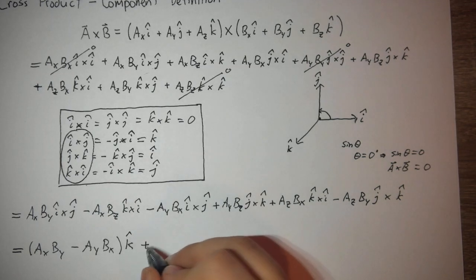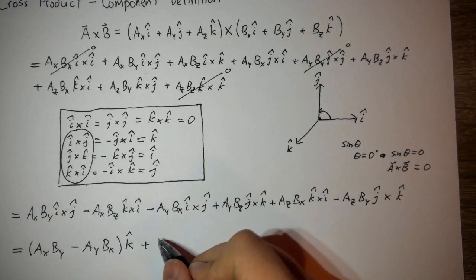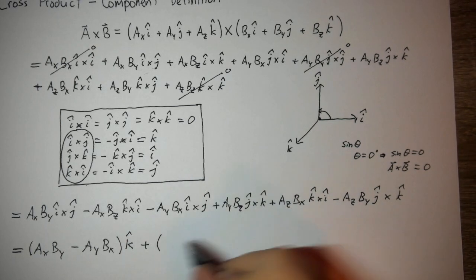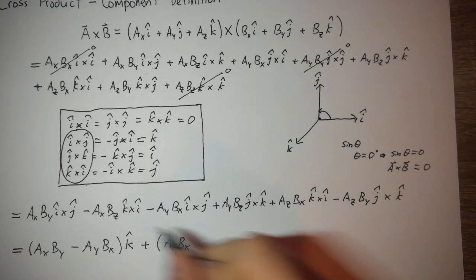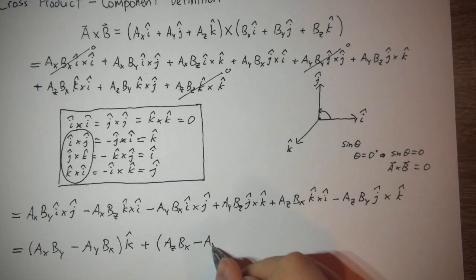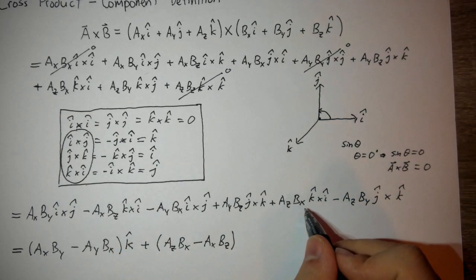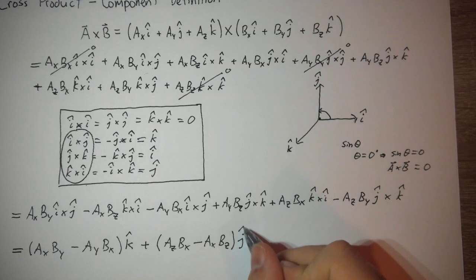Now, let's do the other terms. So we have this one, negative AX BZ, k cross i, and I'm going to take the positive one first, just to make it look nicer. AZBX minus AXBZ, k cross i, so that's j.